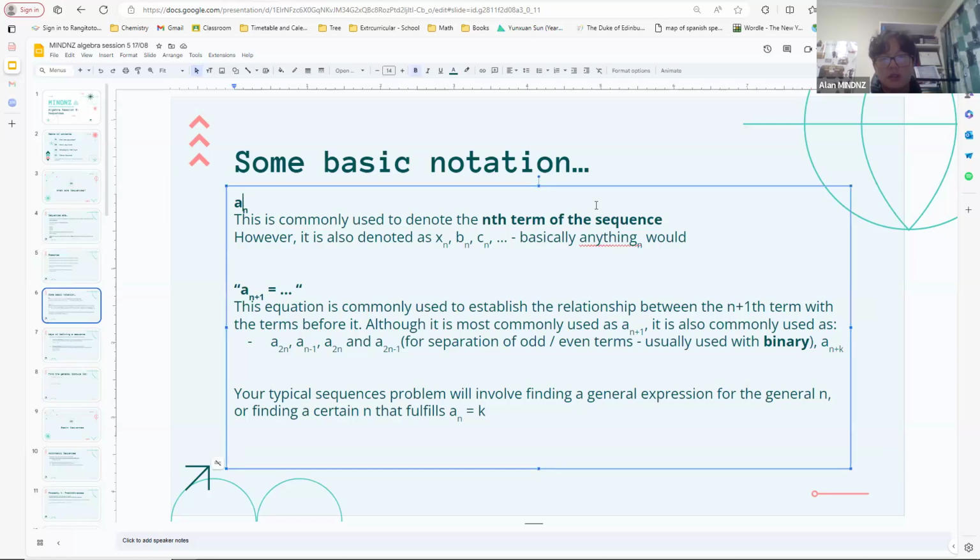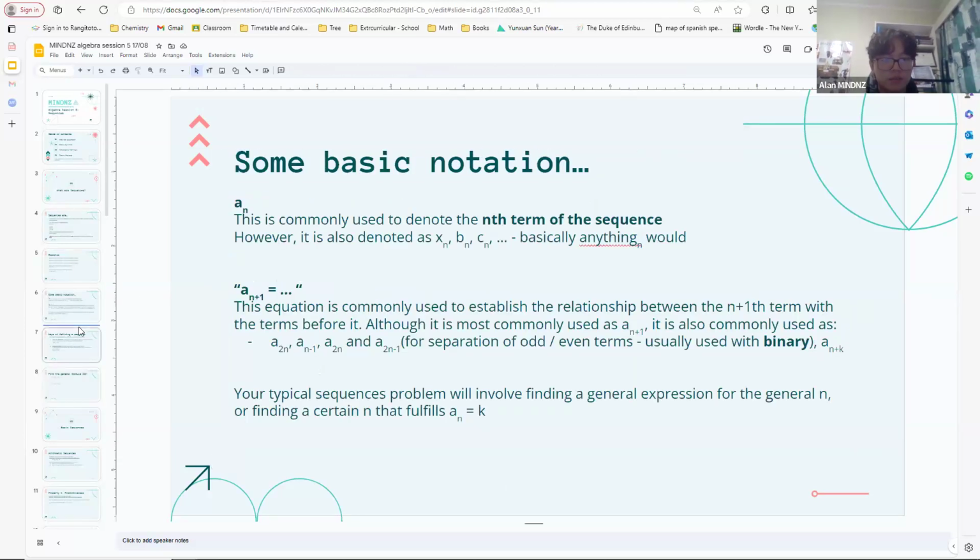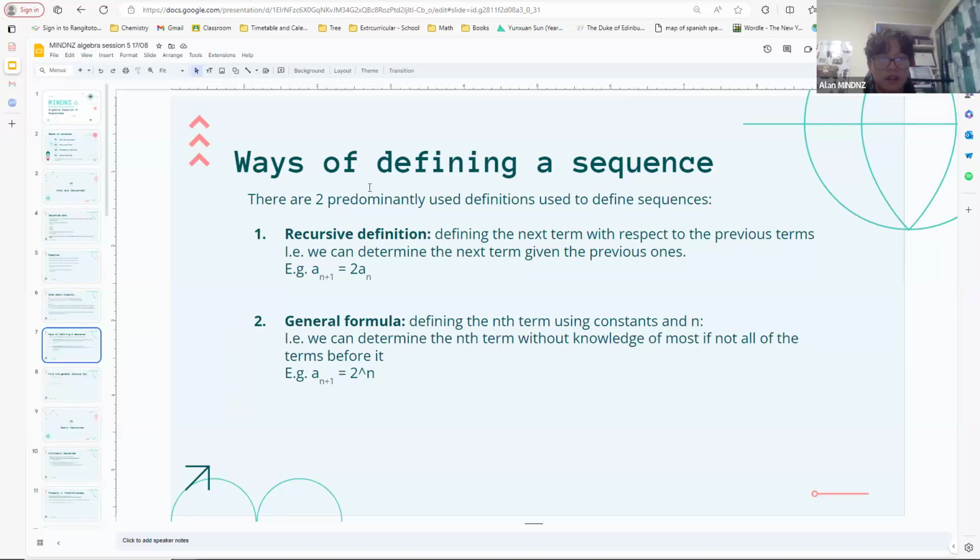So we usually denote the nth term of the sequence as a_n, but it can also be x_n, b_n, c_n, basically anything with n. And then usually you're given a_{n+1} equals some expression. It just establishes the relationship between the (n+1)th term and the terms that come before it. So you might get a_{n+1} equals a_n plus 2 or something, or 2a_n. So there are two ways of defining a sequence.